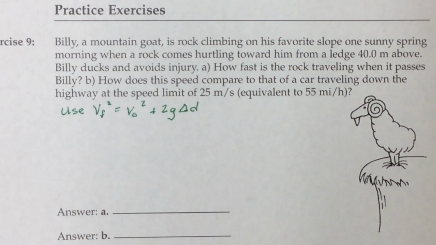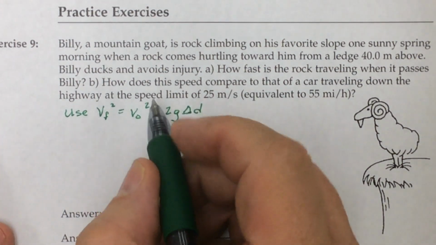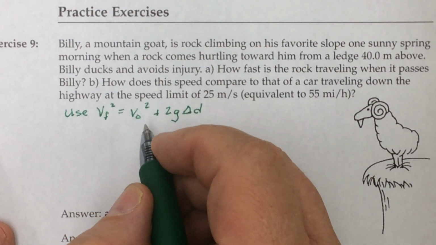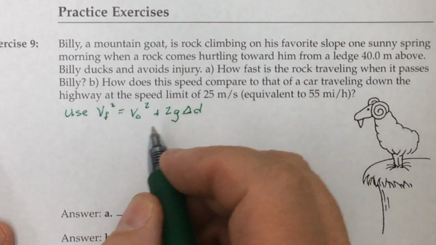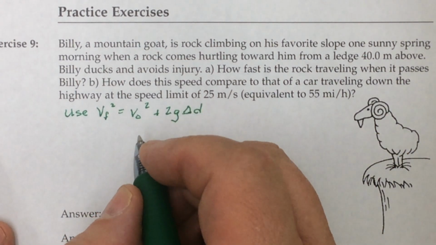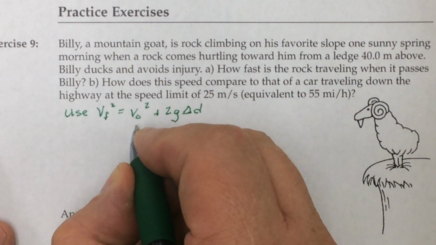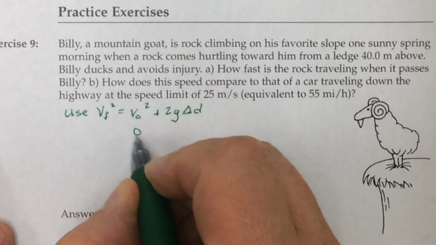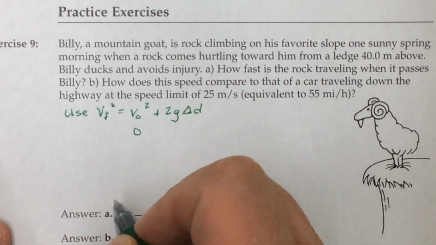All right, so let's see what we're given. We know that the rock came from 40 meters above, so we are just assuming that it broke off of the mountain somehow, so the initial velocity is going to be 0. So that means v sub 0 squared is also 0.